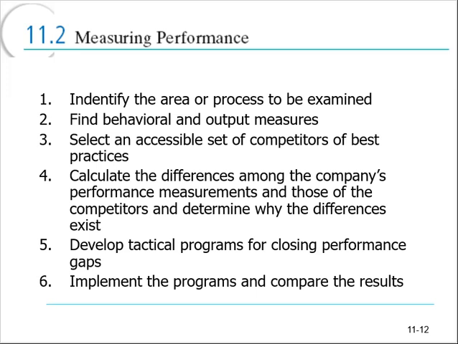And this is a big one, right? Number 5, develop tactical programs to close the performance gap. So if you're not doing as well against some of those benchmarks that the competitors are doing, you want to put strategies in place to close the gap between you and your competitors. And then implement those programs, track them, measure them, and see if you're able to improve your performance in those areas.